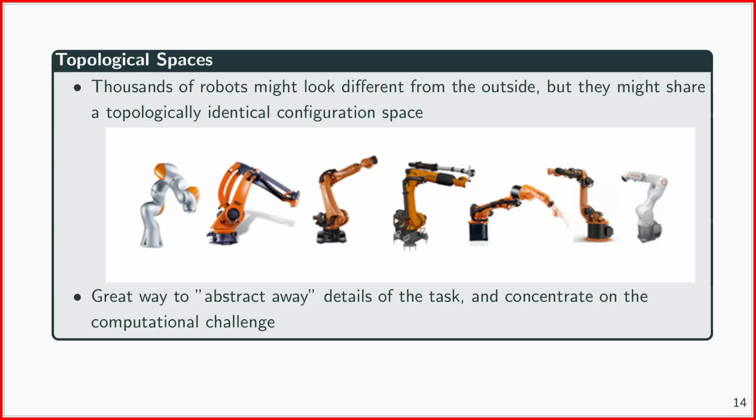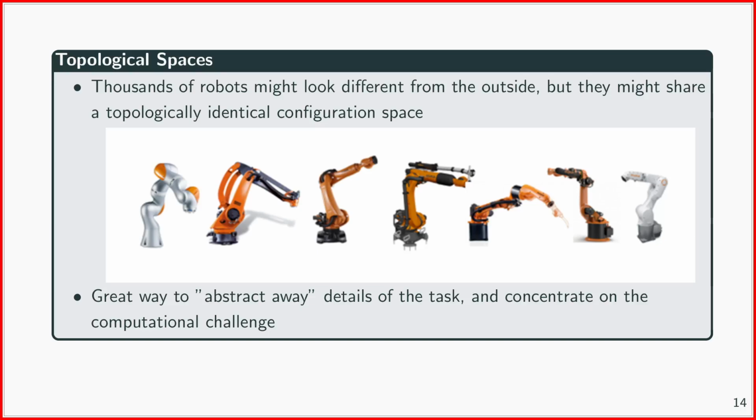So something which is super important: if you have like 1,000 robots and they might all look different from the outside, it can still happen that they share the same underlying topological configuration space. So you see here a lot of different robots from different manufacturers. They all look different, different colors, different lengths.